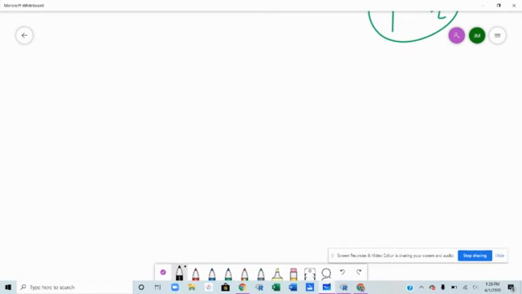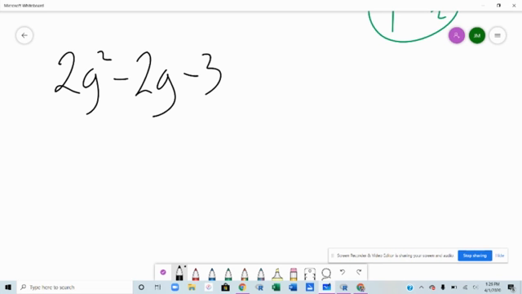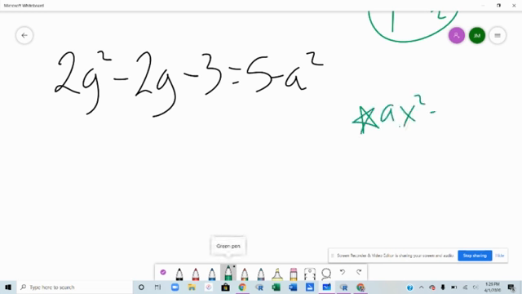Next example. 2g squared minus 2g minus 3 equals 5 minus g squared. Starting out with, you need it to be in standard form.